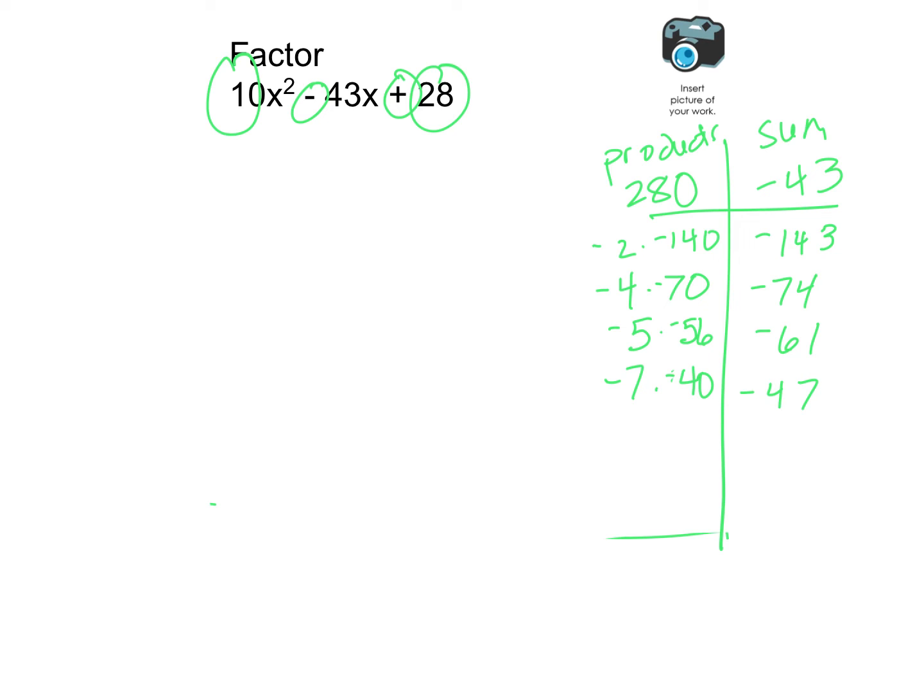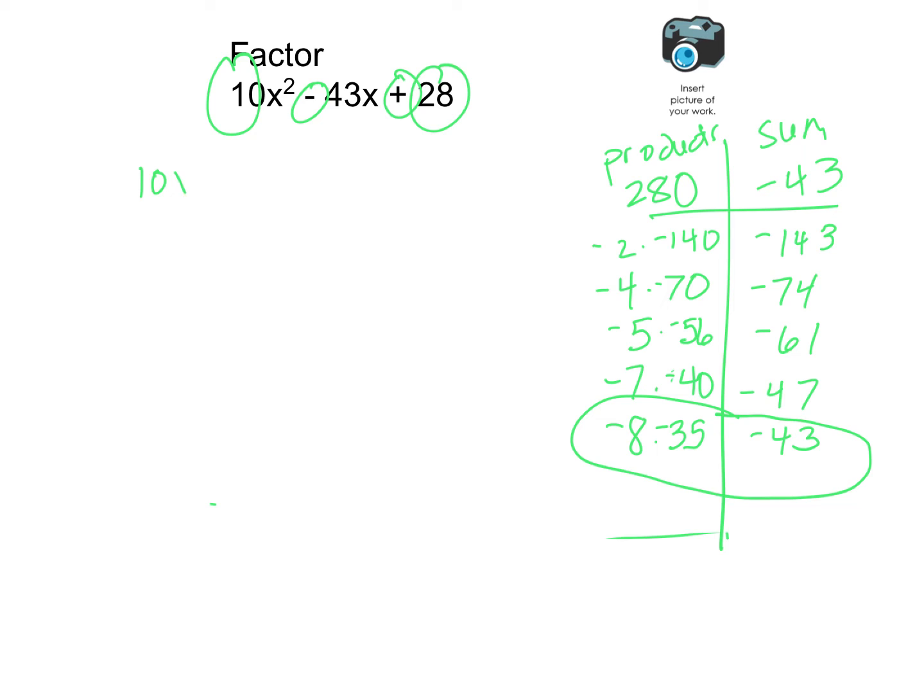I'm getting closer. What about 8? So I'm going to divide it by negative 8. 8 times 3 is 24. Negative 35. Negative 35 plus negative 8 is negative 43. Hey, I found it. So you just keep going until you find it.